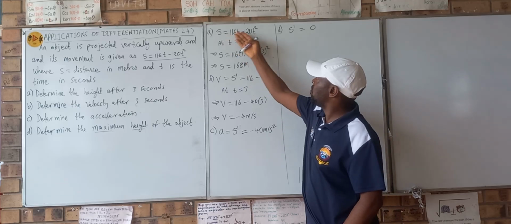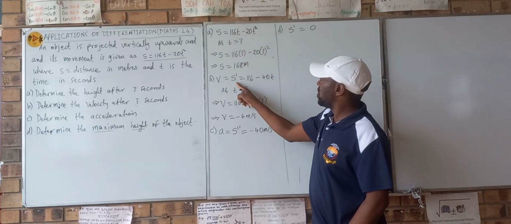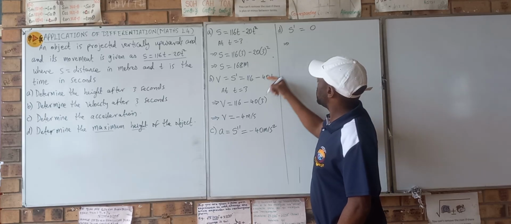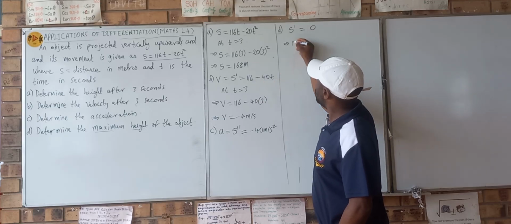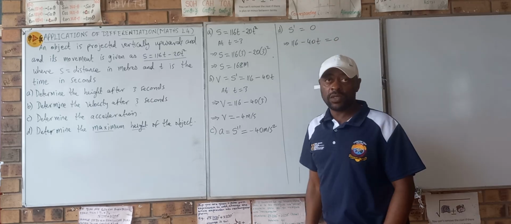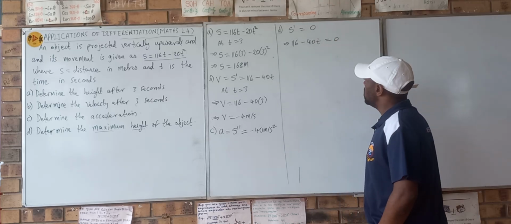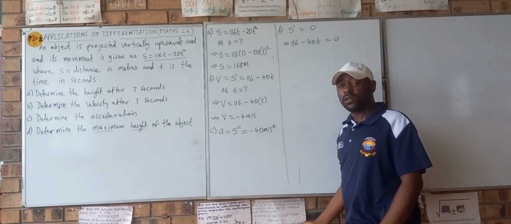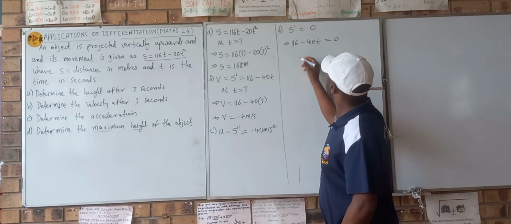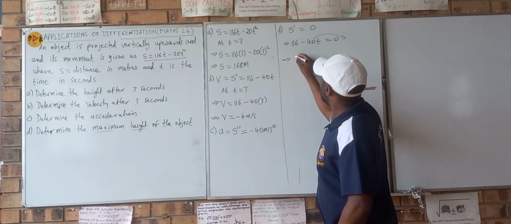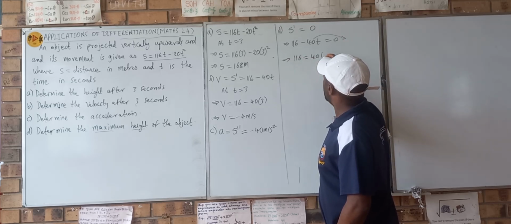Step 1 means I differentiate the height equation and equate to 0. The height equation is differentiated once already, so all I need to do is equate this to 0, which gives me 116 minus 40t equal to 0. Step number 2, I will solve for the variable. The variable in this case is time, t. I carry the function to the right, so I get 116 is equal to 40t.